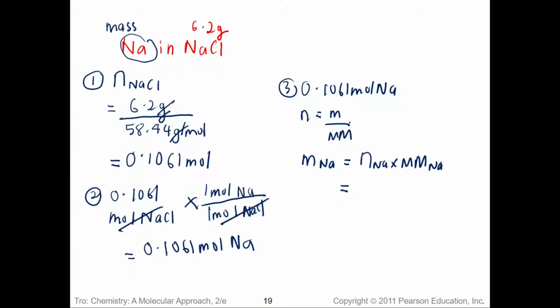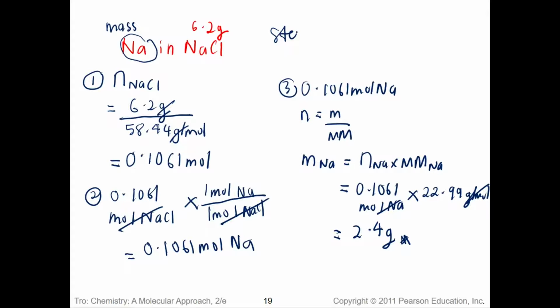So the mole of sodium is 0.1061 mole times the molar mass in the periodic table, 22.99 gram per mole. So you get the last answer, 2.4 gram. This is what we call a step-by-step calculation.